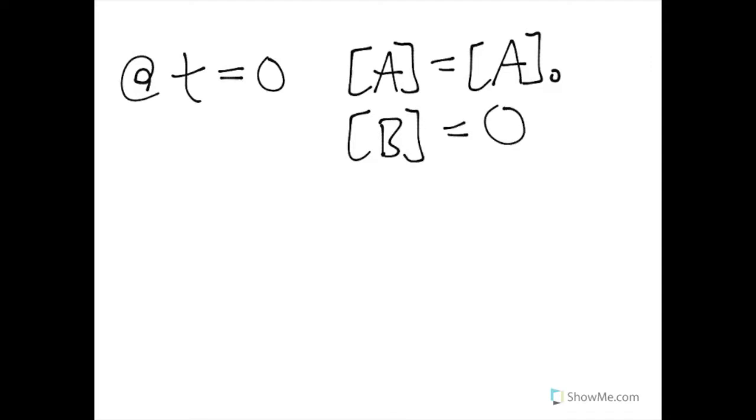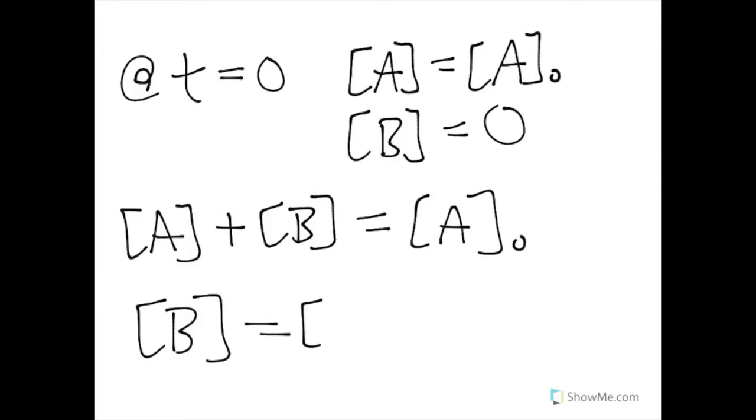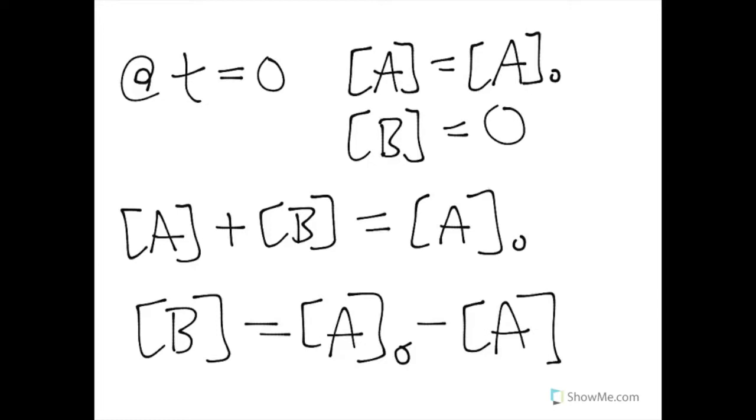There's no B in the beginning. So by the law of conservation of mass, we can write B in terms of A by knowing that the amount of A plus the amount of B at any time must equal the starting amount. So then we can say B is equal to A naught minus the concentration of A at any time.